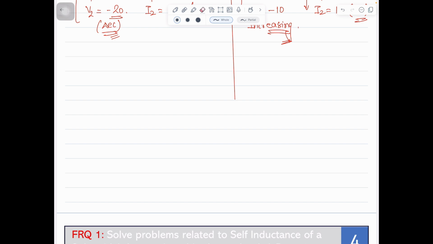The first thing we have learned: L is equal to mu naught n square l A, where A is equal to pi r square. And what is our second learning? V induced is equal to negative L di over dt.